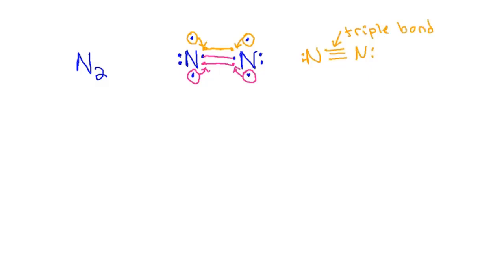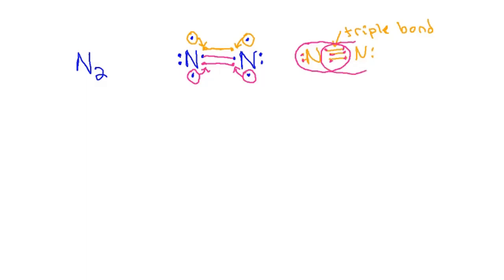Now let's do the circle test. Nitrogen had 5 and we need 8. So 1, 2, 3, 4, 5, 6, 7, 8. That works perfectly.